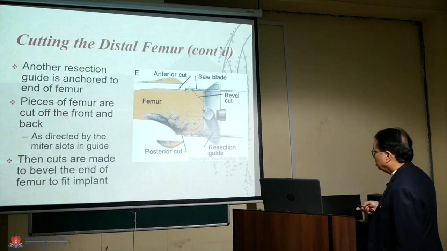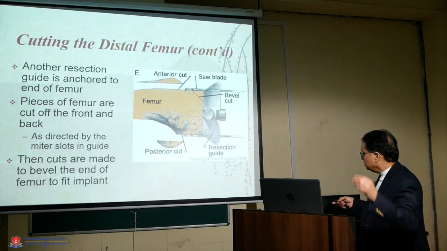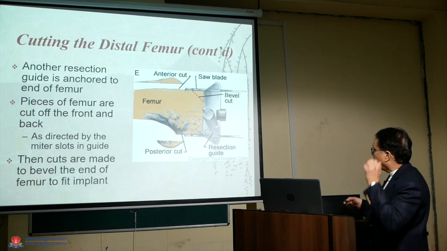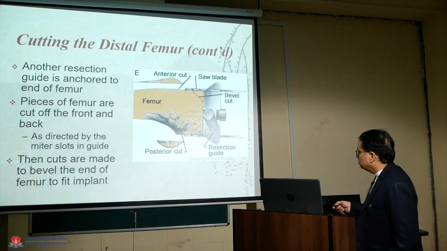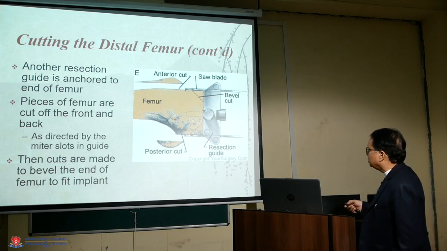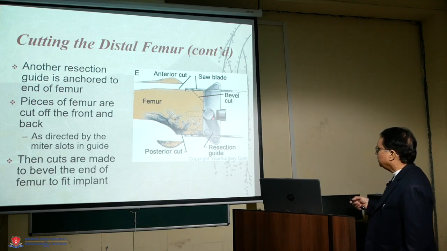Then this is a jig which contains all the cuts, right? So we make the distal resection, posterior cut, and anterior cut, right? So these are the different cuts which we make by this, okay?